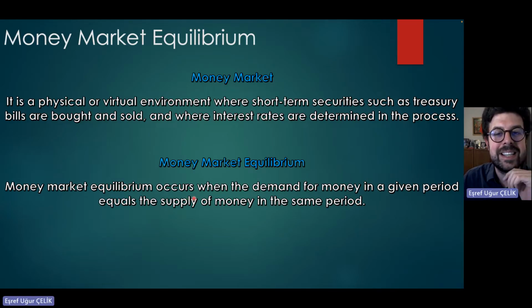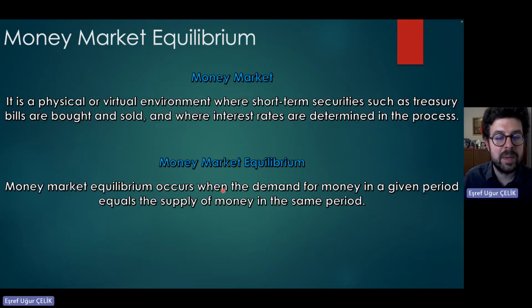So the intersection point of money demand and money supply gives the equilibrium condition. That is called the equilibrium interest rate and equilibrium money amount.